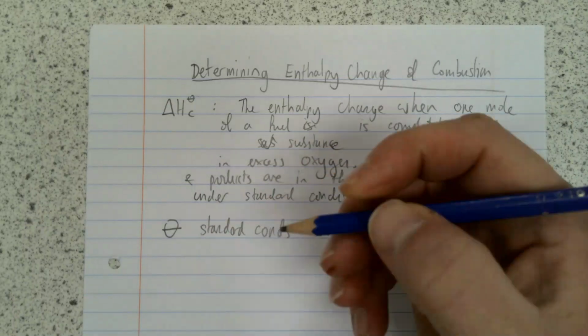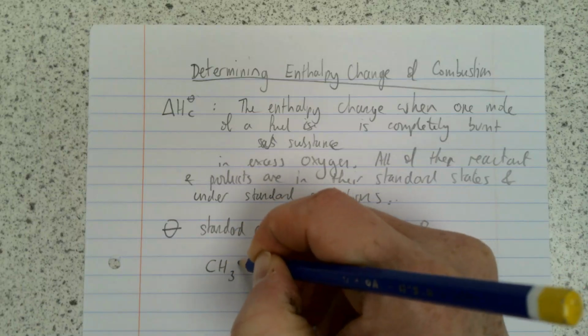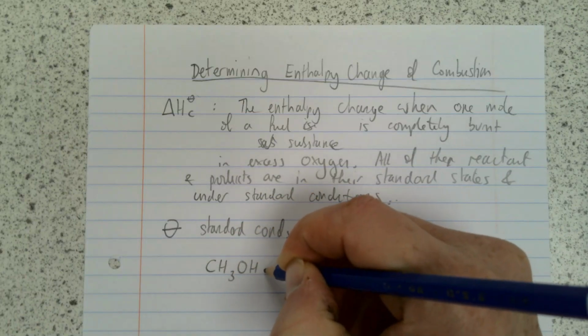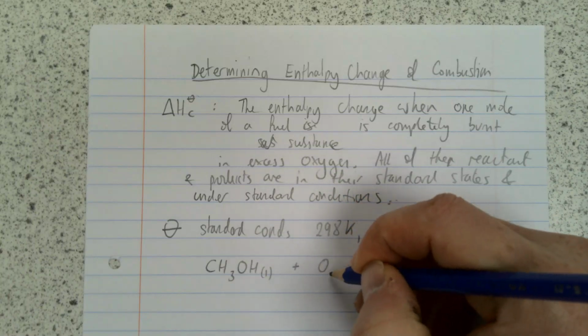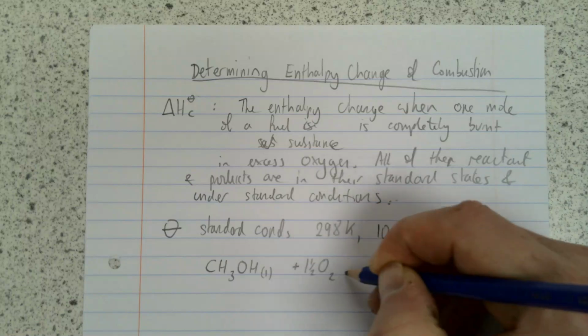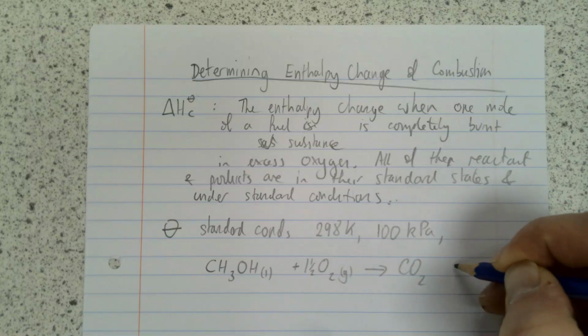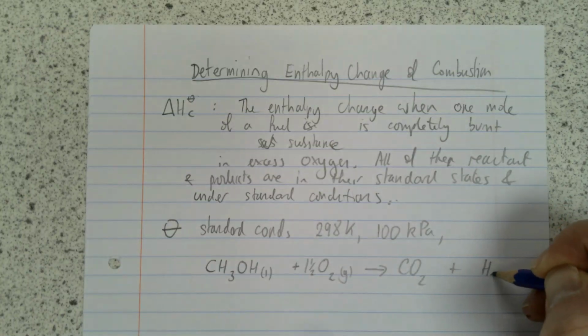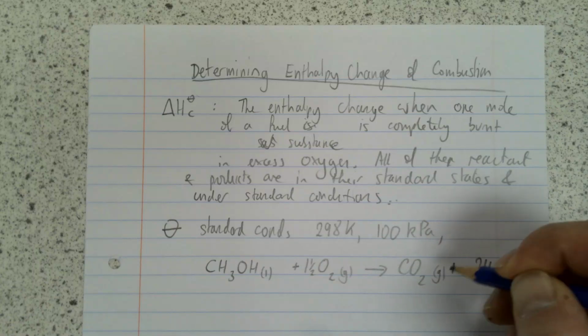So an example of an enthalpy change of combustion will be, as we wrote down earlier on, the complete combustion of liquid methanol in the presence of gaseous oxygen to give carbon dioxide and water in its liquid state, like so.